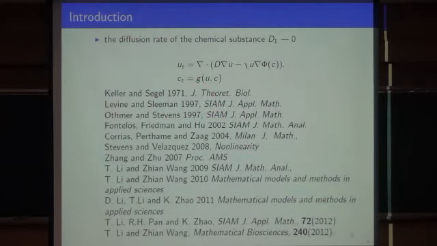The other limit is that, depending on the situation, you could assume that the chemical diffusion rate is 0. If that is the case, then you have this parabolic equation and this rate equation. And there are some results along this direction. Although this list is long, the results along this direction are much fewer than for the previous one.